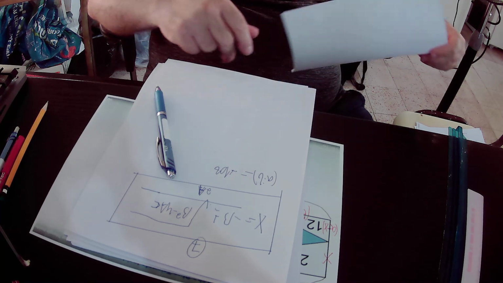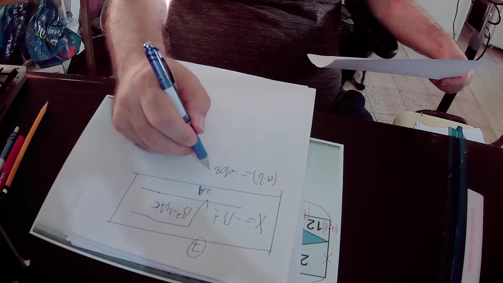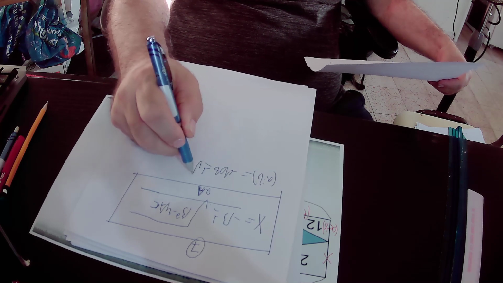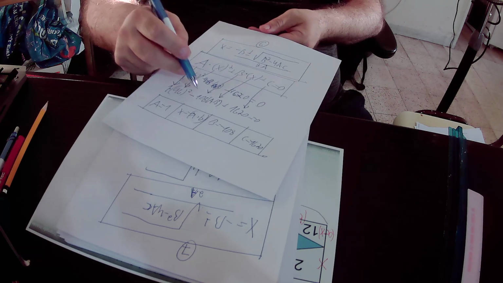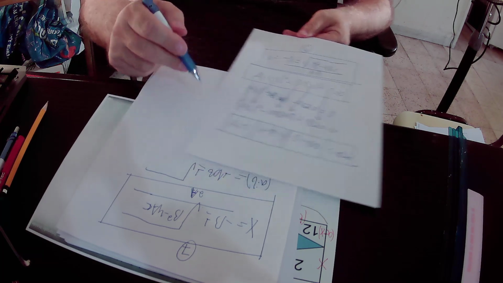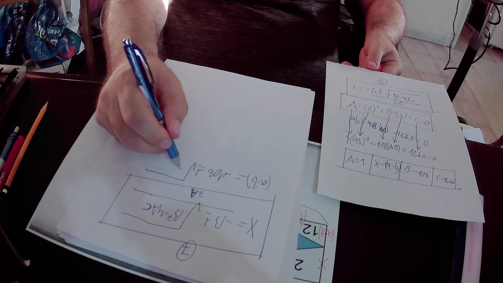And then we have plus minus the root of b squared. b equals negative 108, so b squared is negative 108 squared.